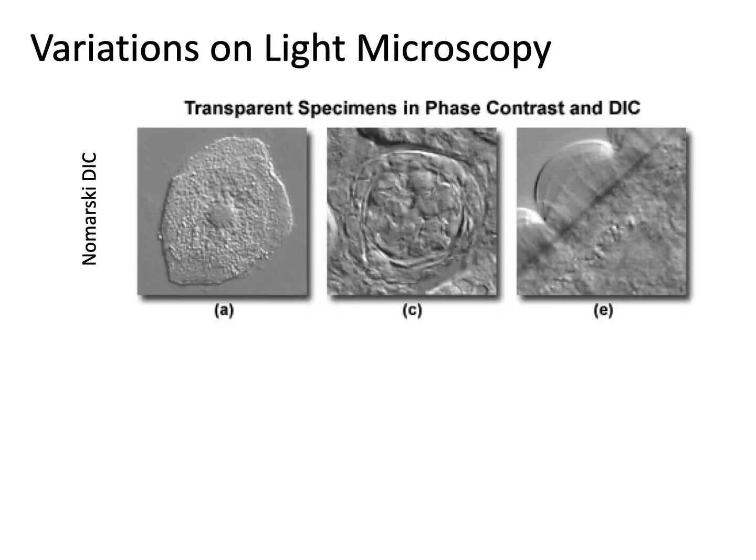So I talked about Nomarski DIC as a variation on light microscopes. I just want to point out that these are three different structures that are using Nomarski differential interference contrast. So the light is actually split by a crystal, goes through a sample, and then is recombined by a crystal or a prism.